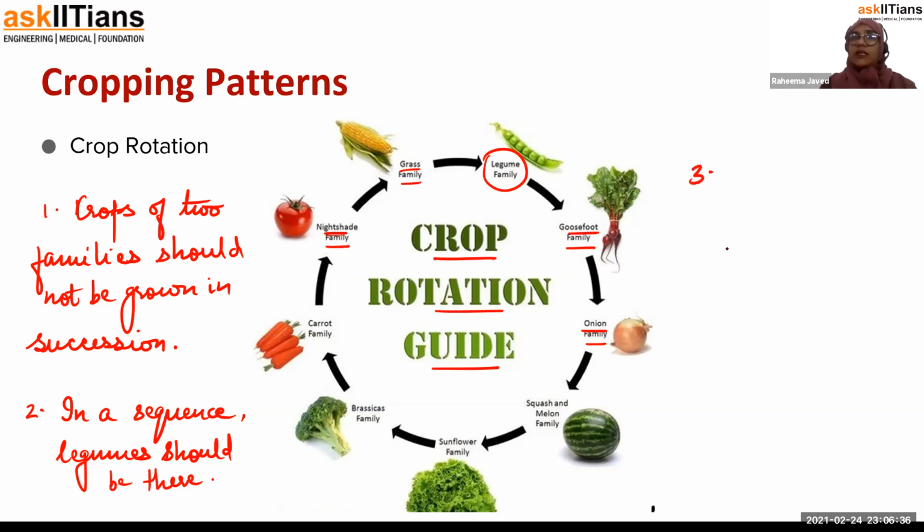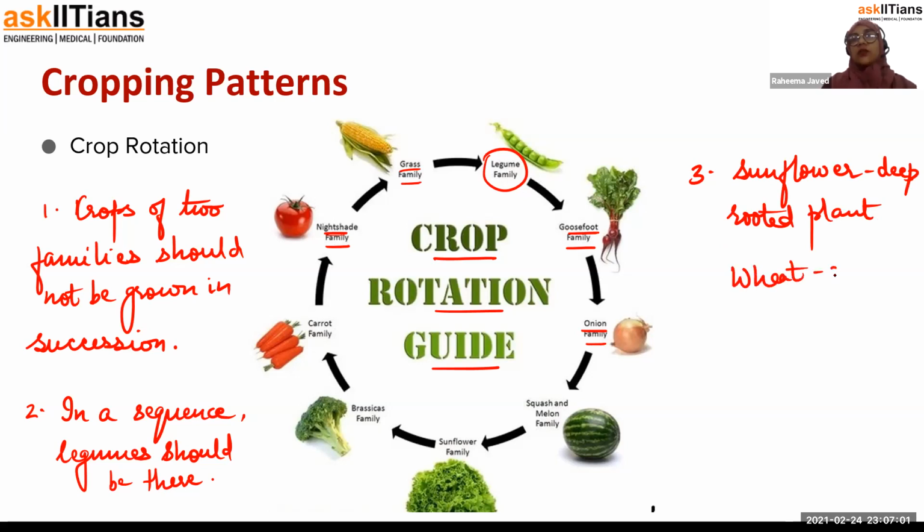The third step is that there are some deep rooted plants and shallow rooted plants. So deep rooted plants are like sunflower. This is a deep rooted plant. And wheat is a shallow rooted plant.